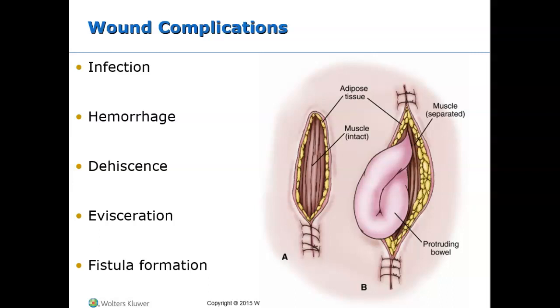So, for example, if you have someone that perhaps has colon cancer. Their colon cancer causes their bowel, the cancer adheres to their bladder, and now you have a fistula forming between the bowel and the bladder. So you're passing feces through the urinary tract.